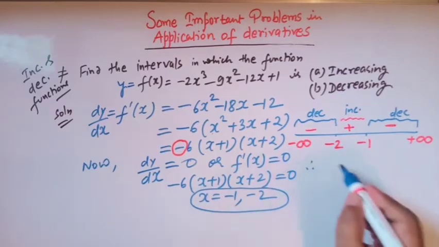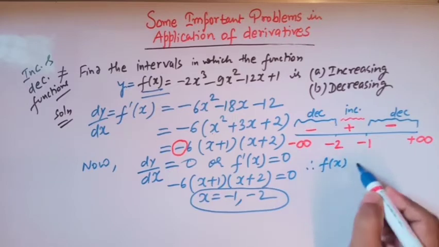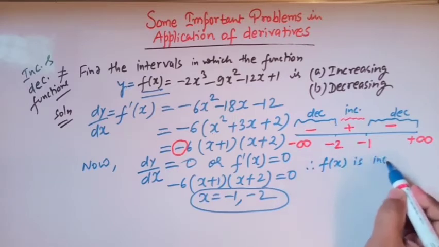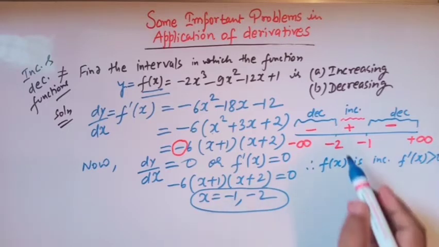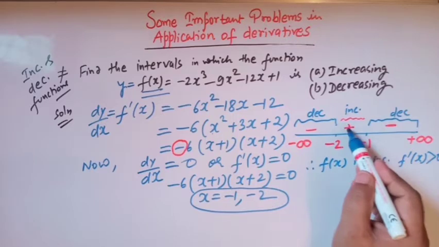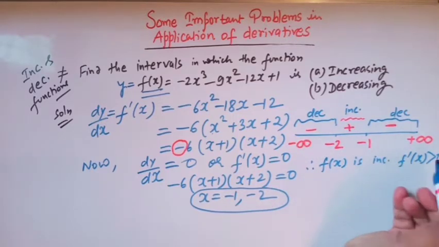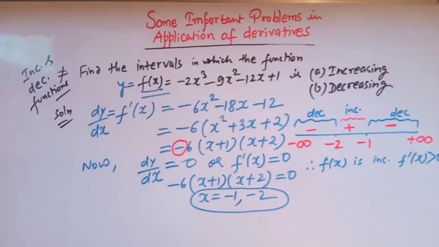So therefore the function f of x is increasing when the derivative is greater than 0. So what are the intervals? F dash x is greater than 0 means we have to locate the interval where the derivative is positive.